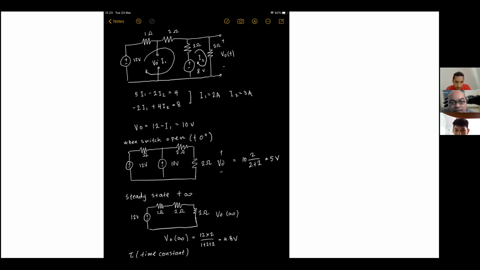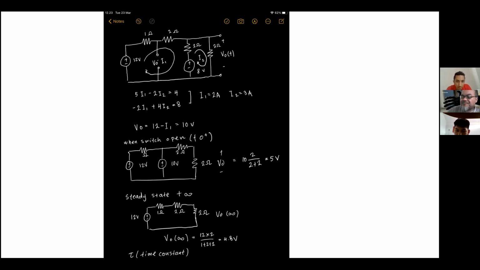You are doing number 5, right? Why is your problem like that? We are looking for the initial voltage and then the steady state voltage. You are looking at t equal to 0, when it is switched off, right? Yes.